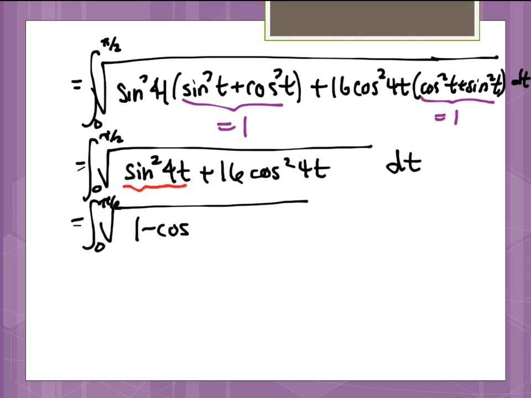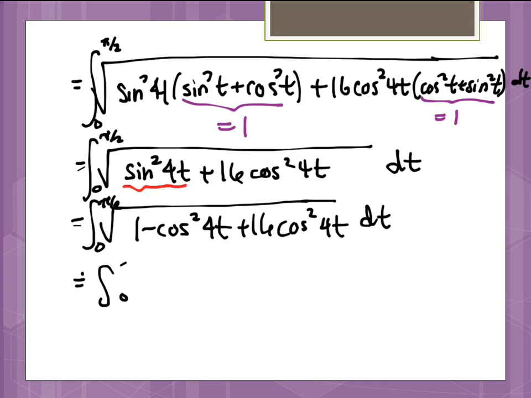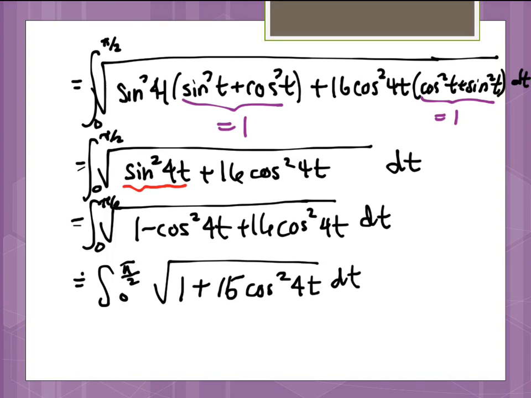So 1 minus cosine squared of 4t plus 16 cosine squared of 4t dt. So you're using those Pythagorean identities, right? All right, so the last and final step, you can write this as 1 plus 15 cosine squared of 4t dt.